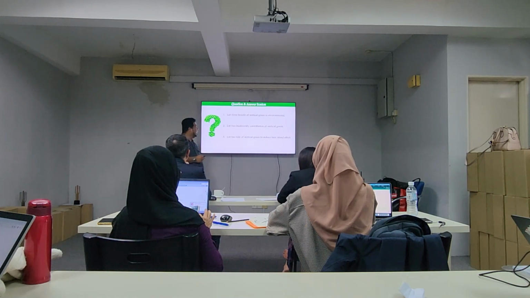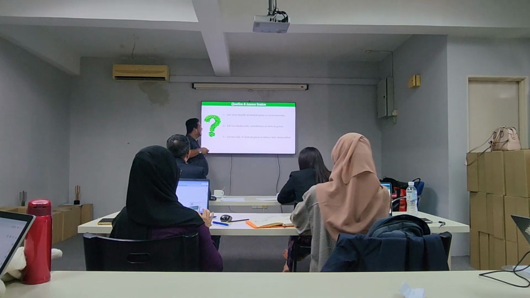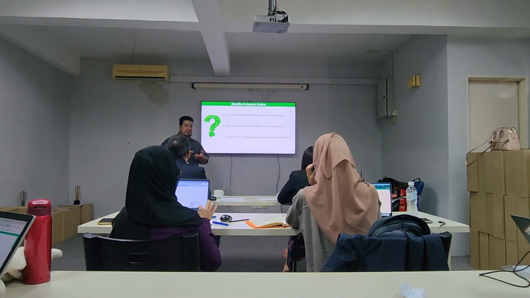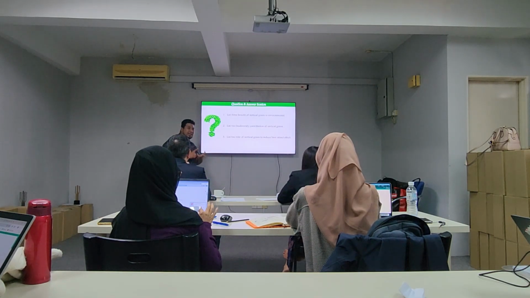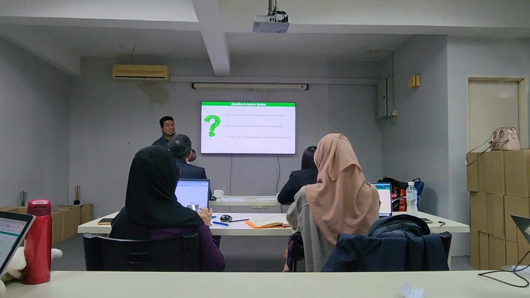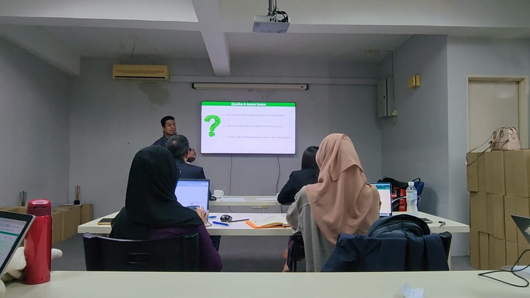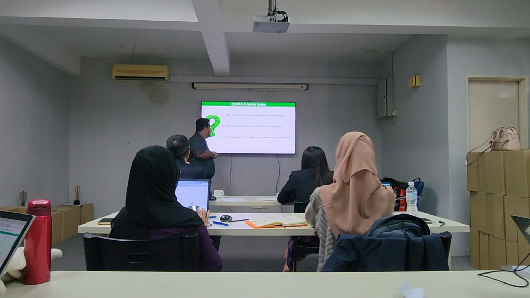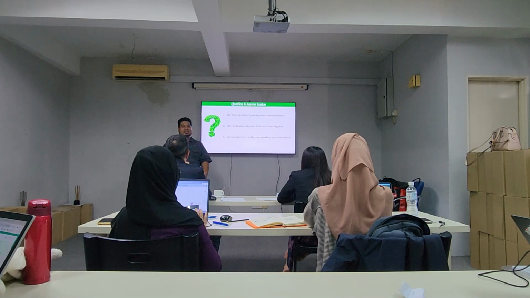Okay. Promoting biodiversity is number 2. Absorb carbon dioxide, release oxygen, and absorb pollution. Okay. So at least 2, the biodiversity contribution of vertical green.